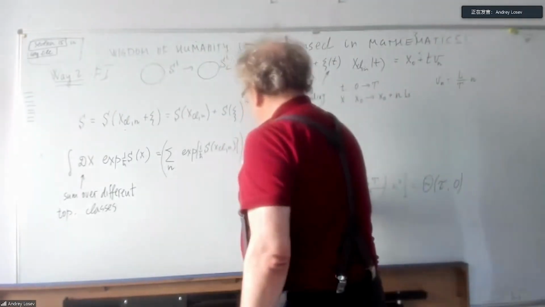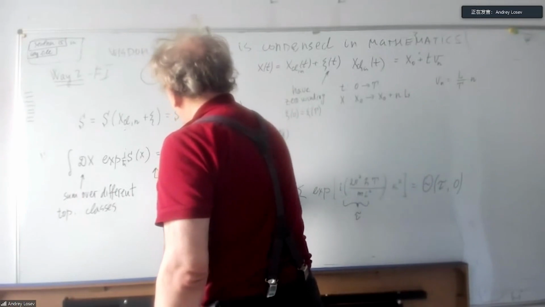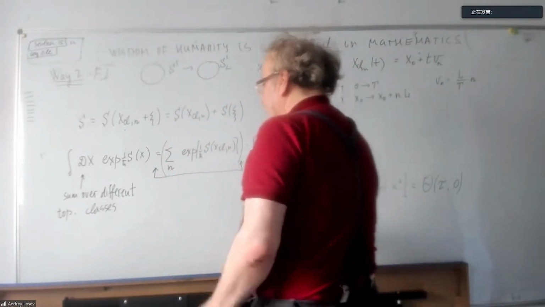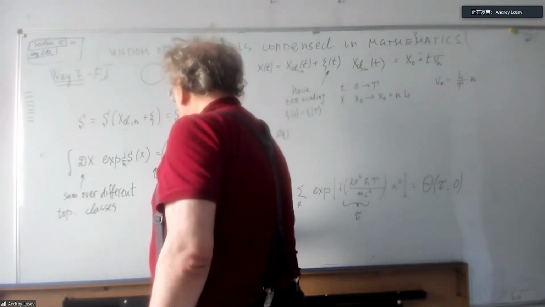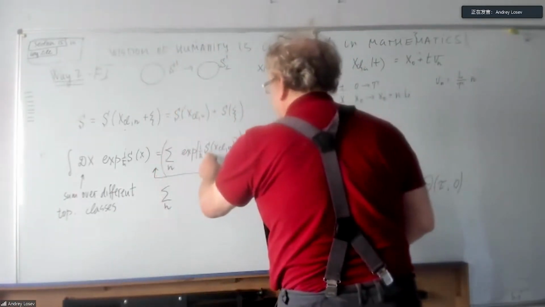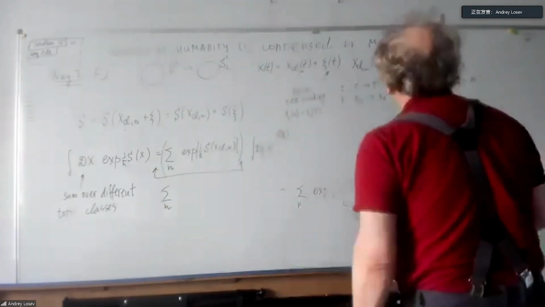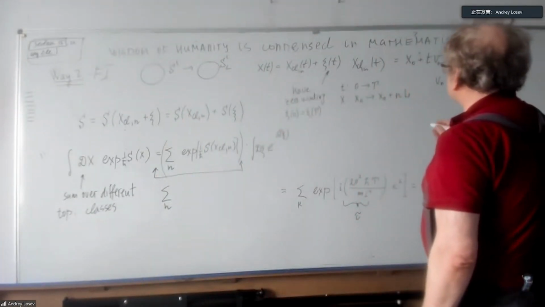Now, what can I say about this object? It is a sum over n, but now I need to compute the action on the classical trajectory. Not that hard to do.